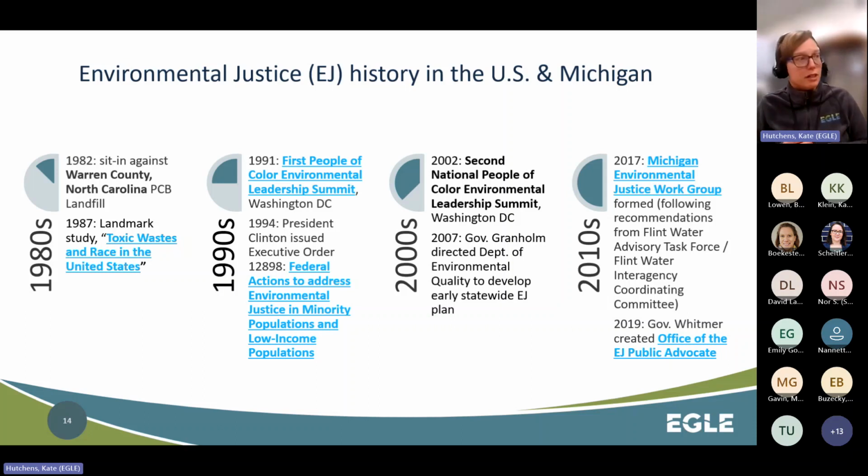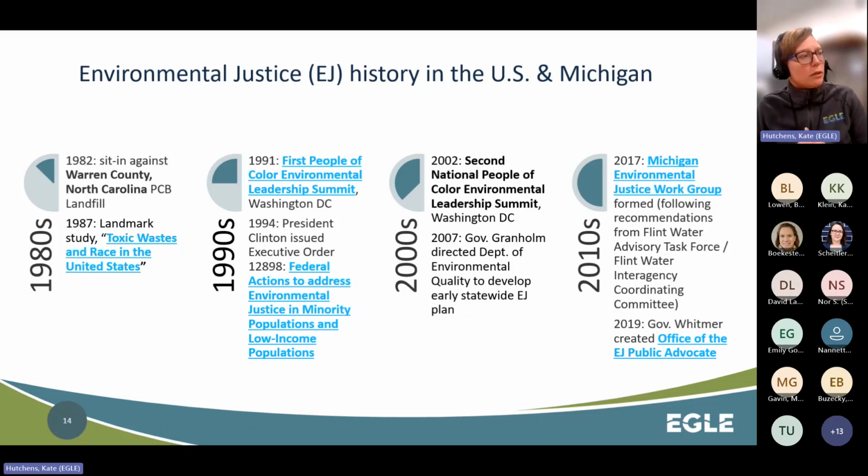PCBs are a known carcinogen. Throughout the 80s some research was done. It's very important to stipulate that the outrage was that people suspected this landfill was sited in a predominantly Black community based on assumptions about how that community was or wasn't empowered to push back against that hazardous waste site.